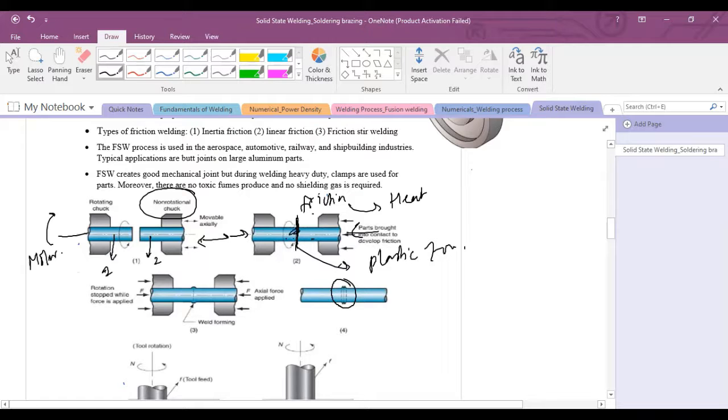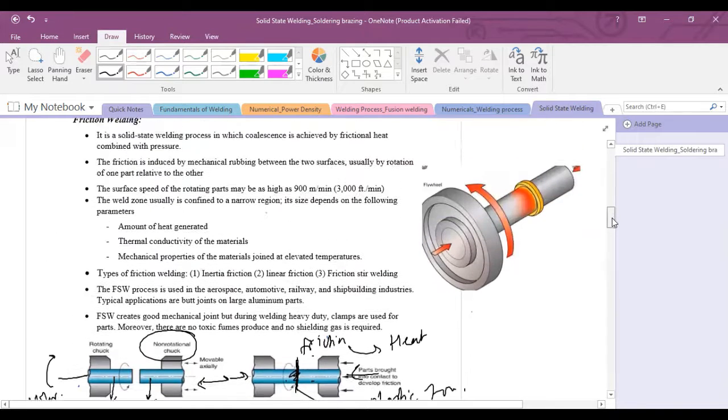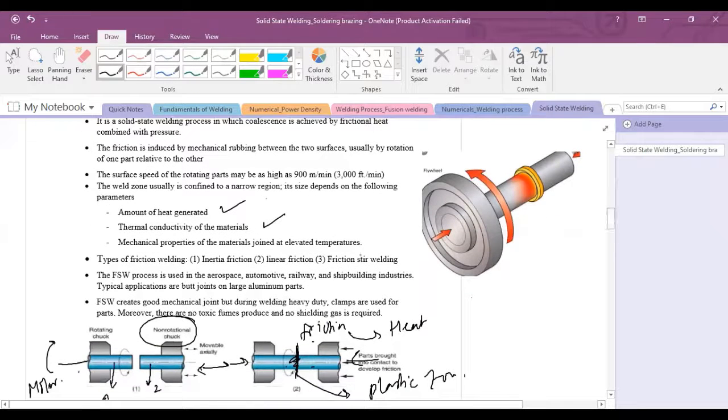The size of this weld zone depends upon the amount of heat generated and the thermal conductivity of the material. If the thermal conductivity of both the materials is high, you can weld the part quickly. Mechanical properties of the materials also matter in friction welding at elevated temperature.